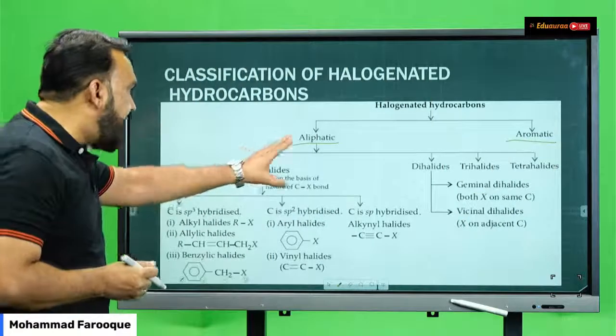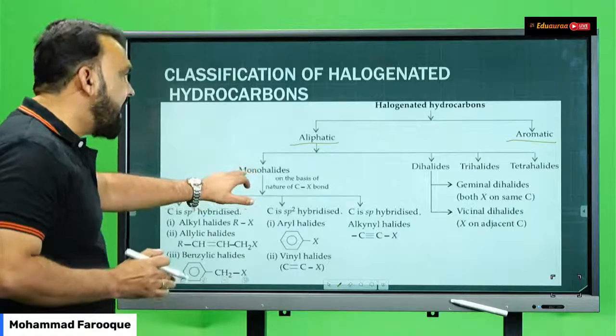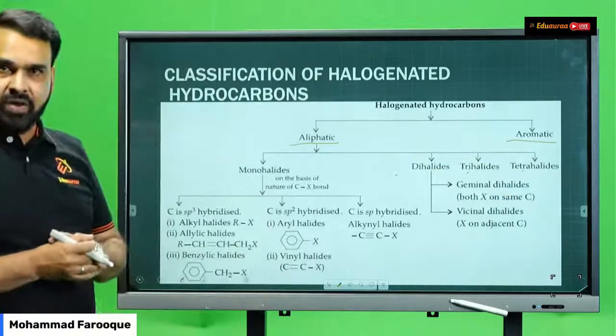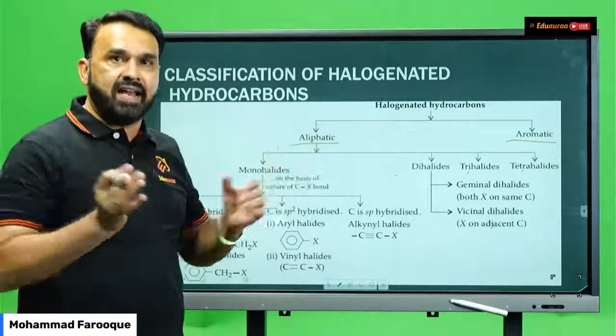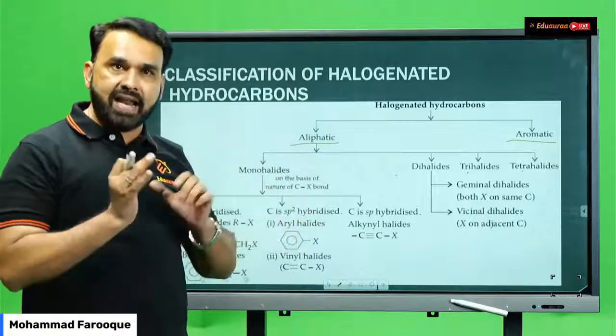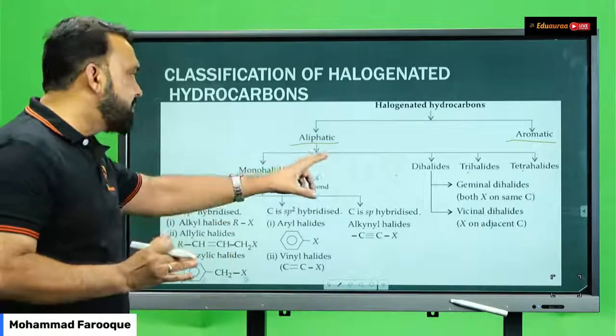Now, in aliphatic, you have the classification as monohalides, dihalides, trihalides, and tetrahalides. What are mono, di, tri, and tetrahalides? That means one hydrogen atom of an alkane is replaced by one halogen atom. Two replaced by two halogens becomes dihalides.